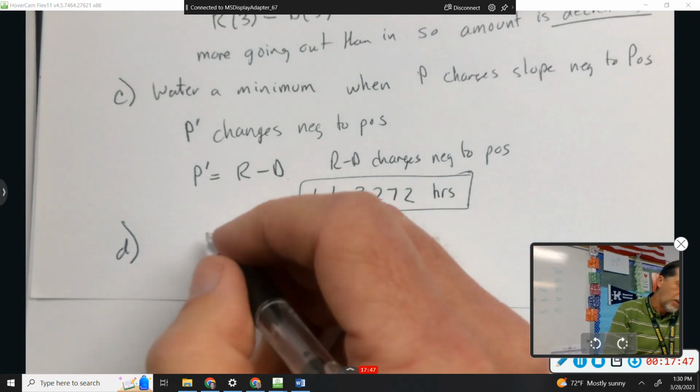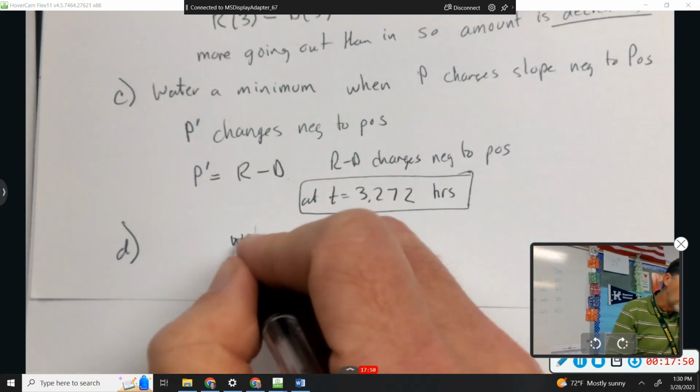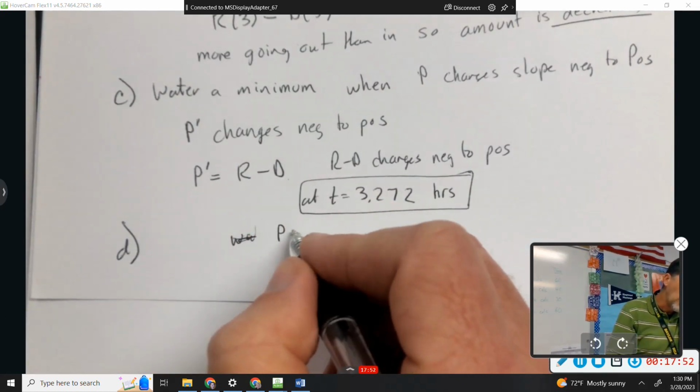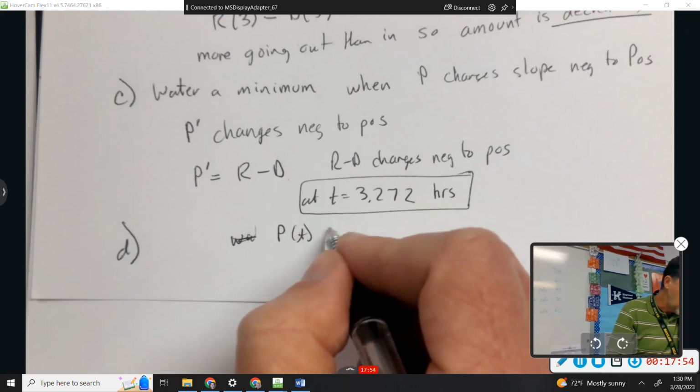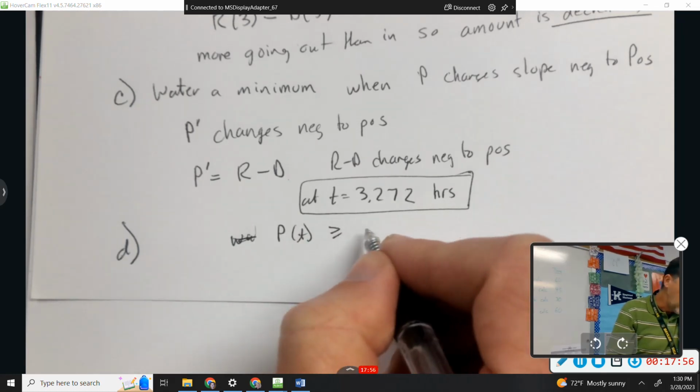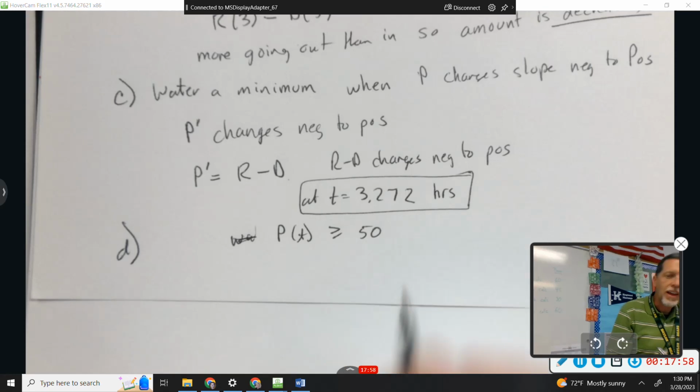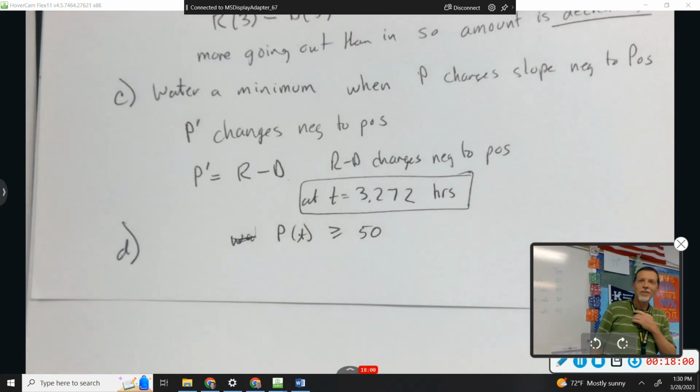Okay. So we already said what P is. We want P to be greater than 50. I don't know that that would get you any points, but at least we're on the way. That's what we're looking for: when is the water in the pipe greater than 50?